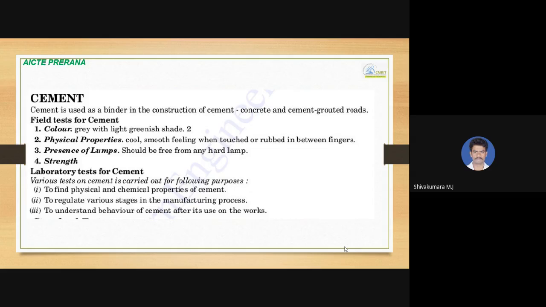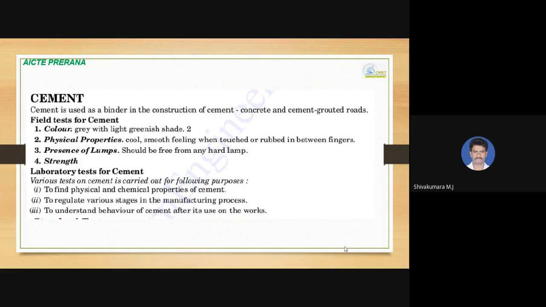Some of the field tests for assessing the quality of cement are color, it should be greenish gray color, and some physical properties. If you thrust your hand inside the bag of cement, you should feel cool.